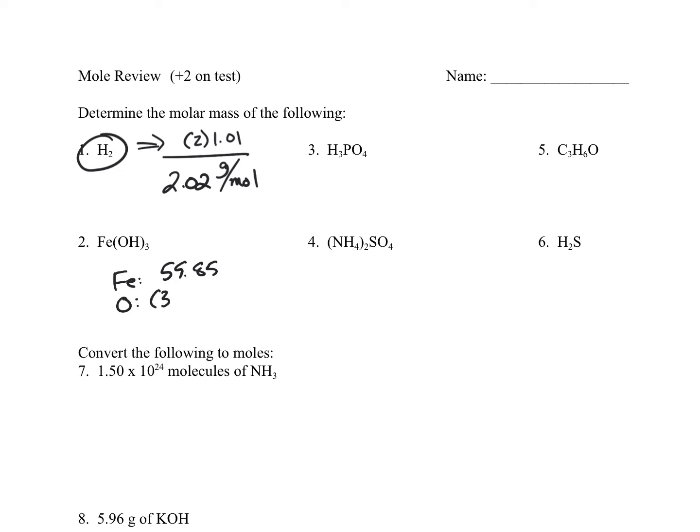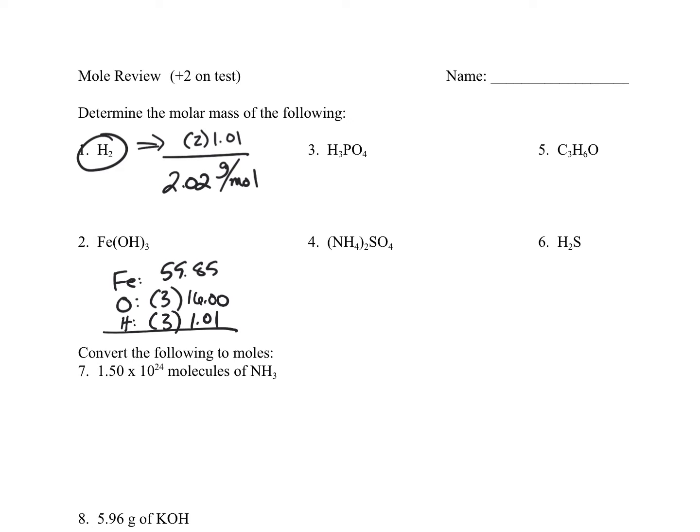Oxygen, there are 3 of them. Because this little 3 is on the outside of the parentheses, it applies to everything inside the parentheses. So this 3 goes to both the oxygen and the hydrogen. So there are 3 oxygens, and each oxygen has a mass of 16, and there are 3 hydrogens. And if you look up the periodic table's average atomic mass for hydrogen, it is 1.01.